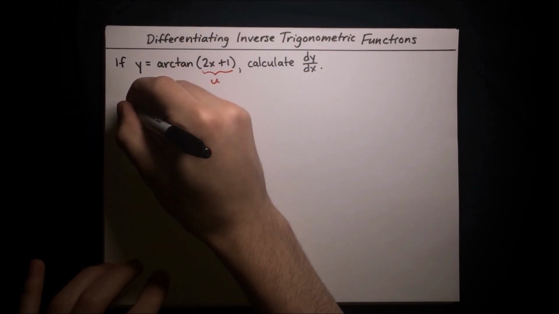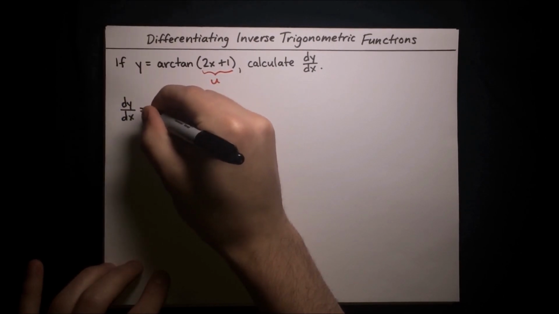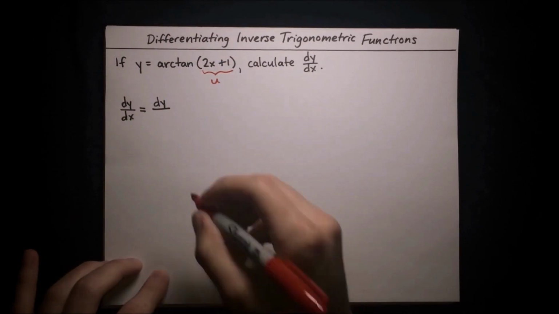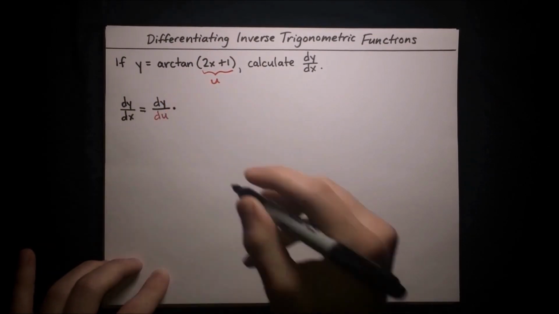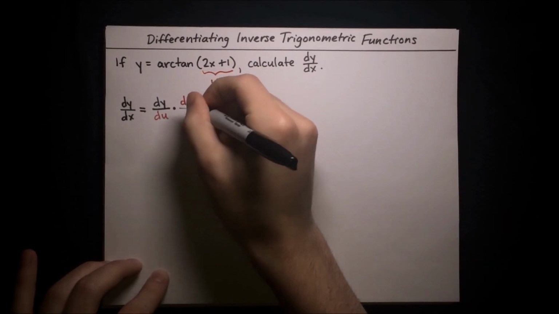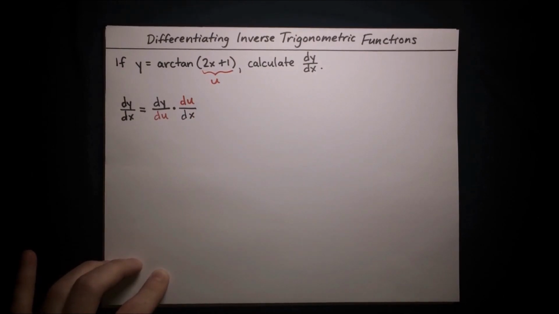That way, dy dx is just equal to dy over du times du over dx. It's kind of like the du's cancel out.